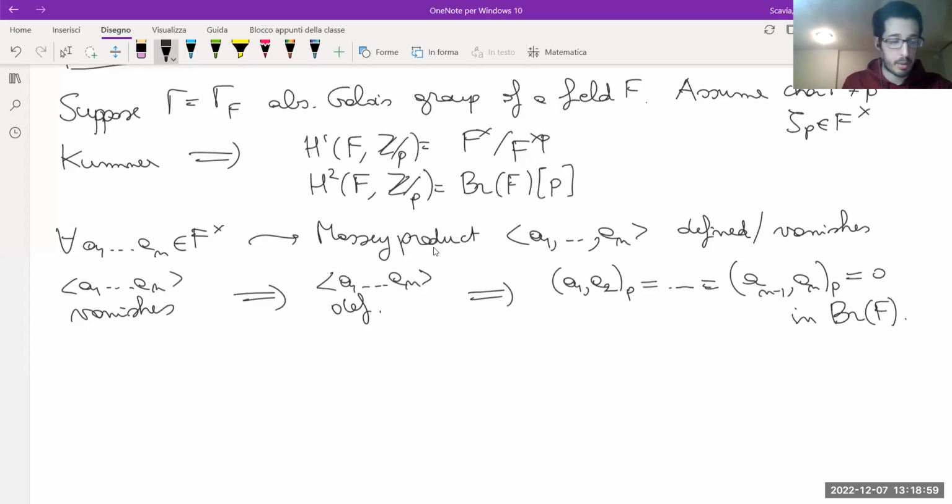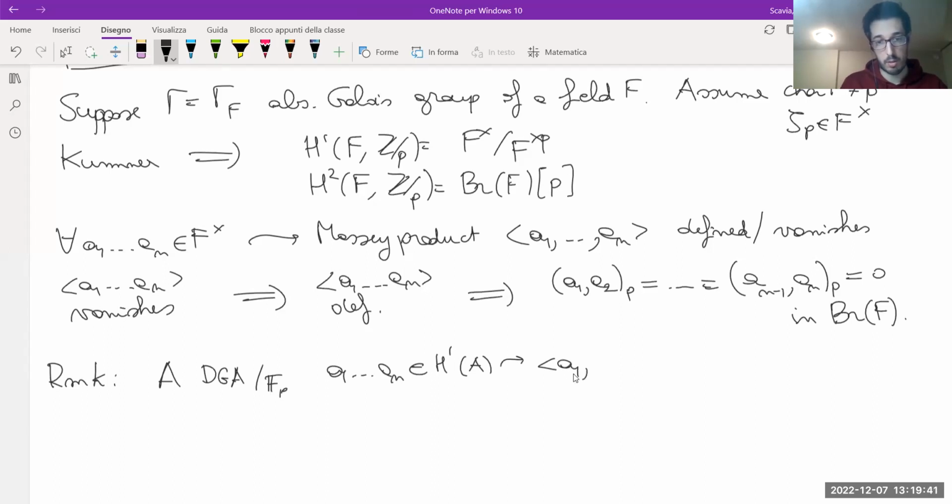Now, very briefly, I didn't define what a Massey product is, but there is, of course, a definition. Massey defined the Massey products in algebraic topology in '58. If A is a DGA over some F_p, and a1 through an are in the first cohomology of A, then you can define the Massey product of a1 through an.